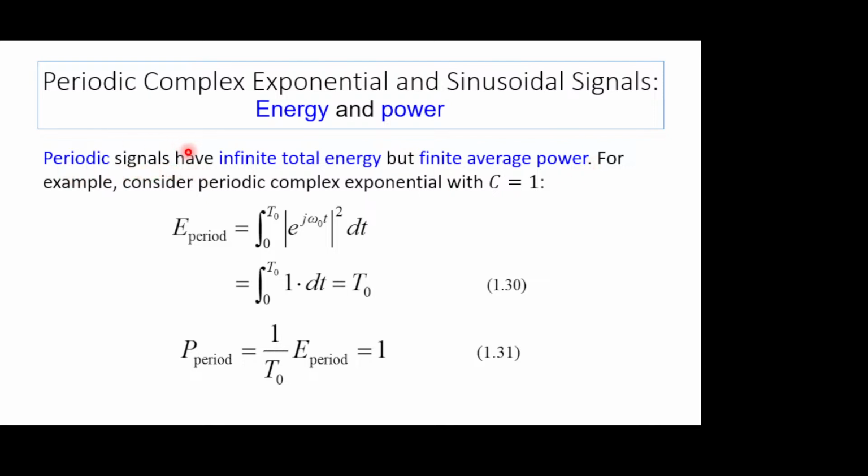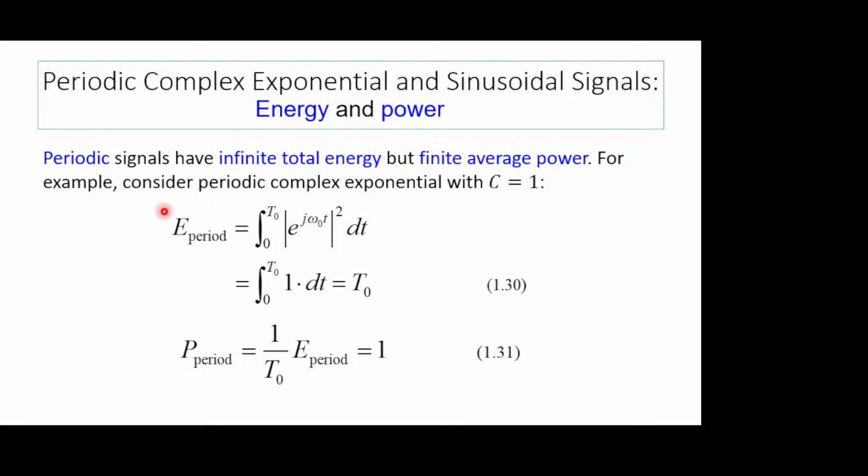And as discussed before, the total energy comes from time negative infinity to positive infinity. So a finite power times infinite time gives infinite total energy.